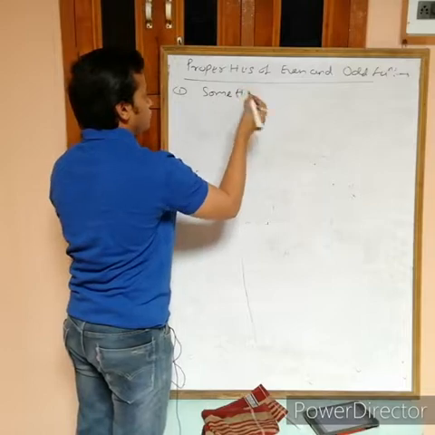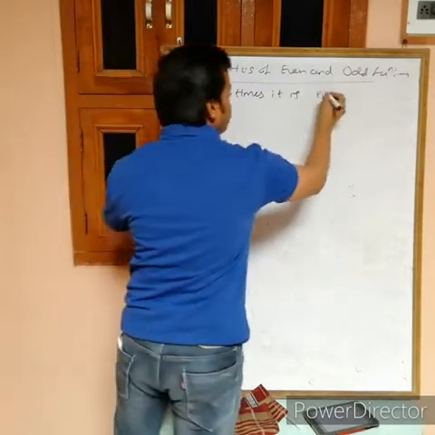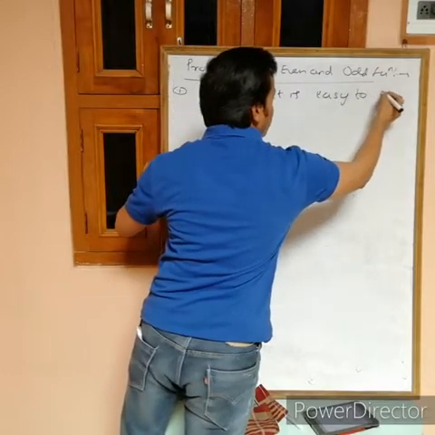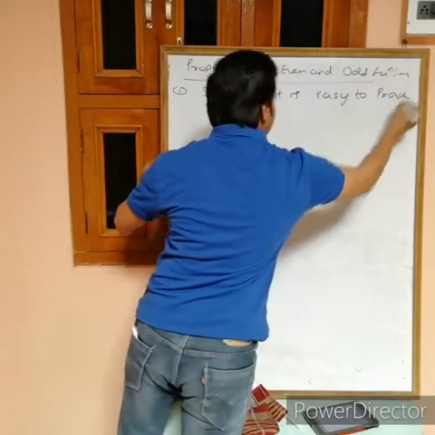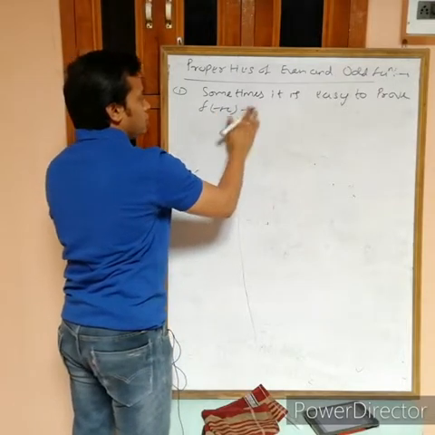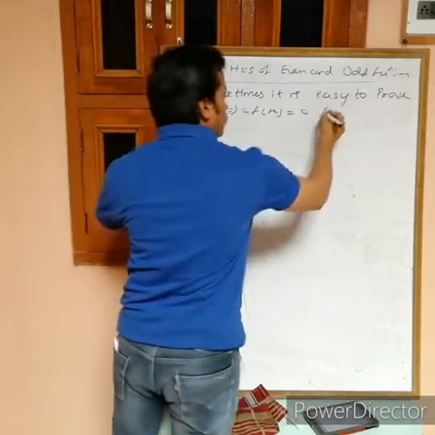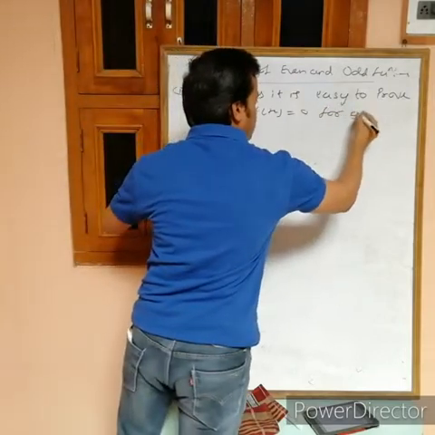Sometimes it is easy to prove f(-x) - f(x) = 0 for an even function.